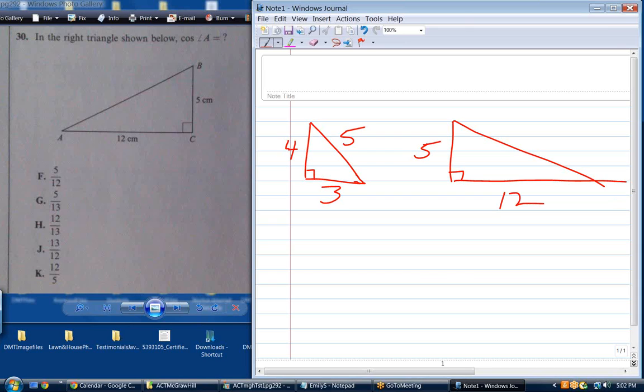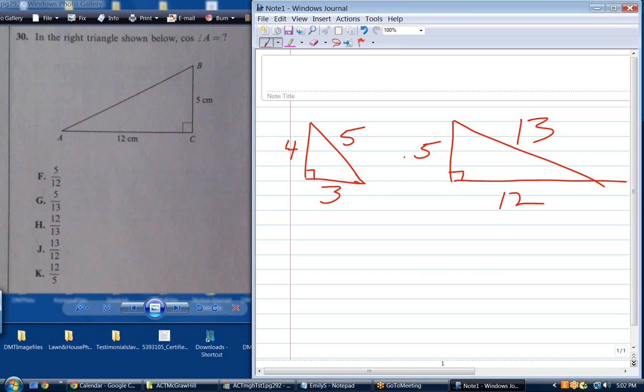All right, so it's 144 plus 25. So what's the hypotenuse? 13. Okay. Now, which makes the cosine of A equal to what? 12 over 13. Okay, cool. Now, there are two special right triangles that you should memorize and recognize when you see them.